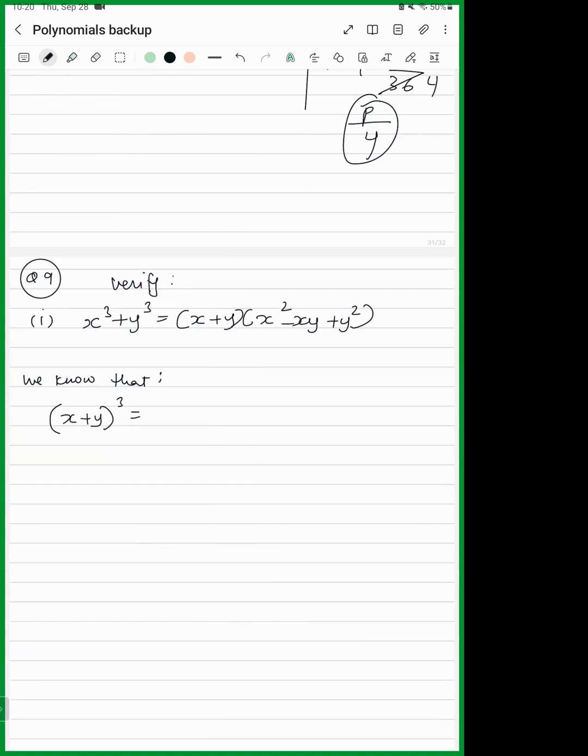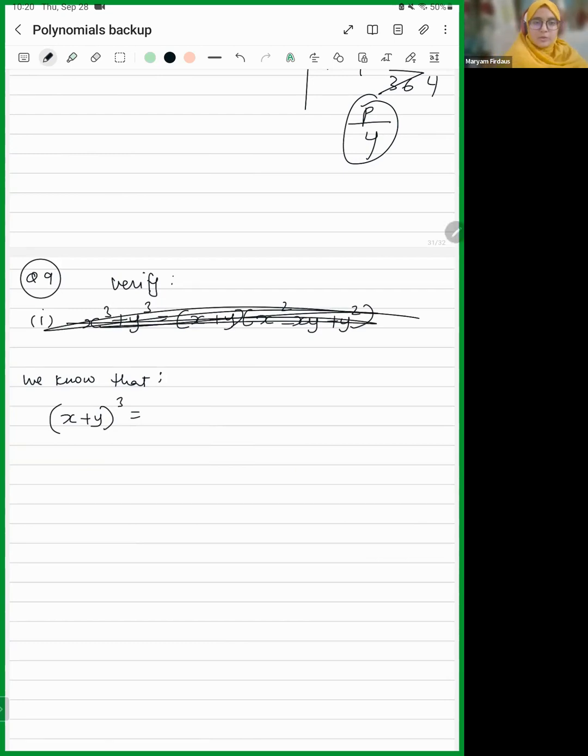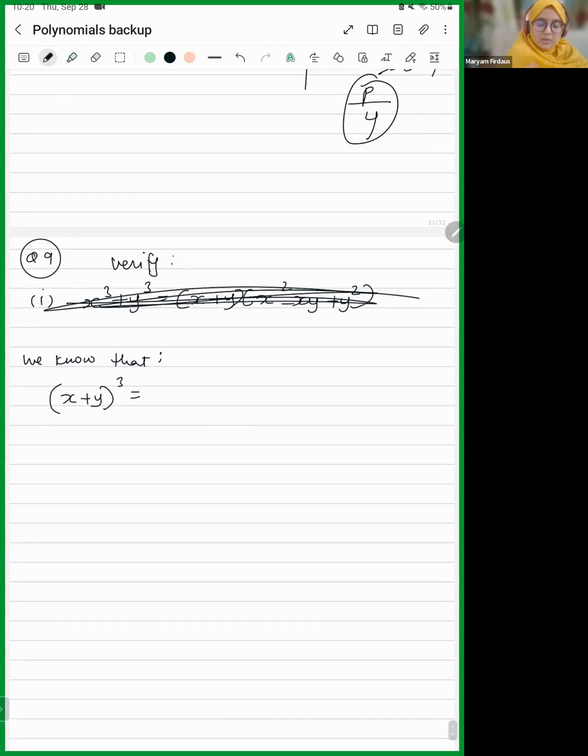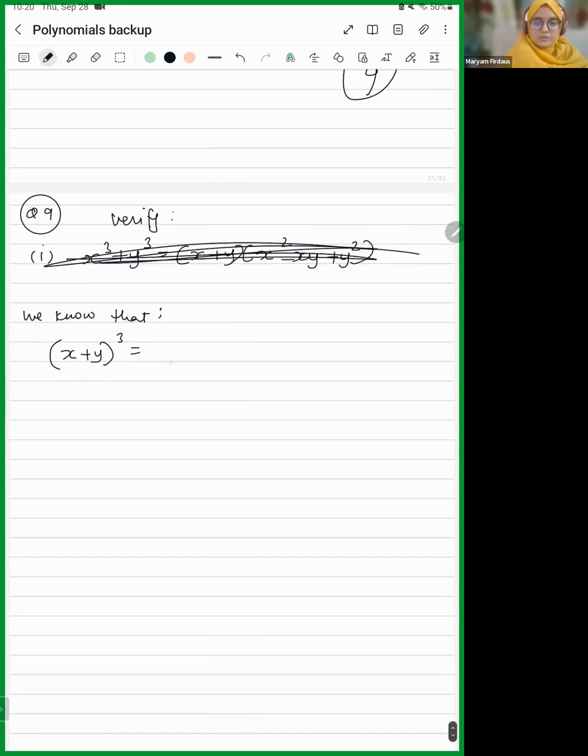You're getting confused. Listen. Forget about this for now. This does not exist. What is a plus b whole cube? Who remembers the formula? A cube plus b cube plus 3ab into a plus b.